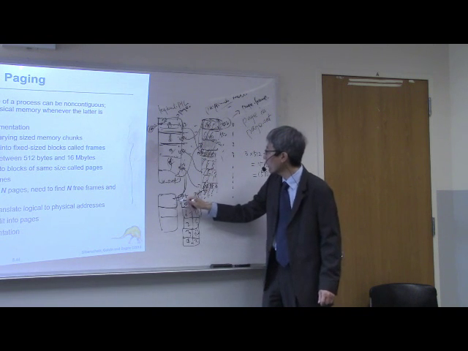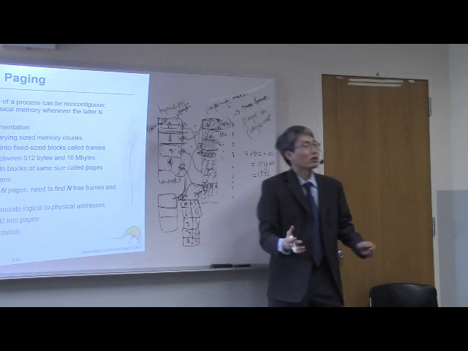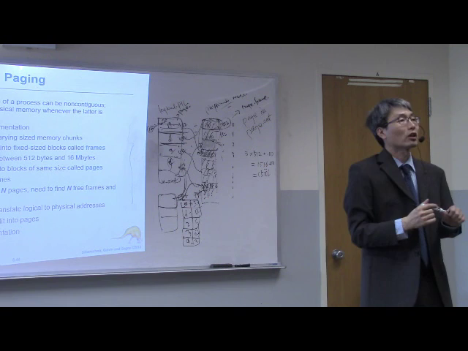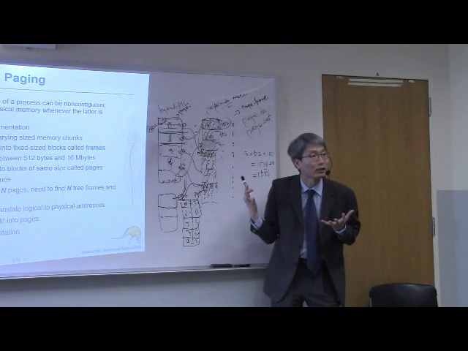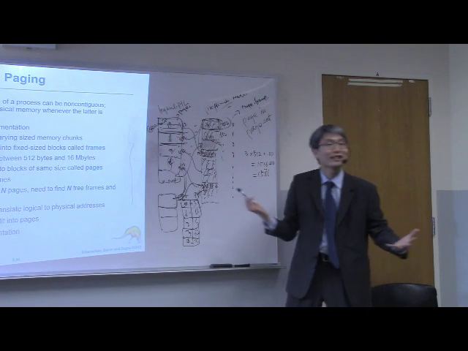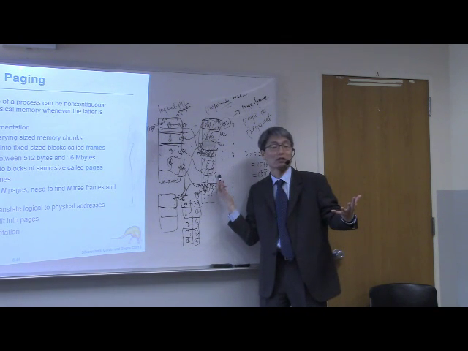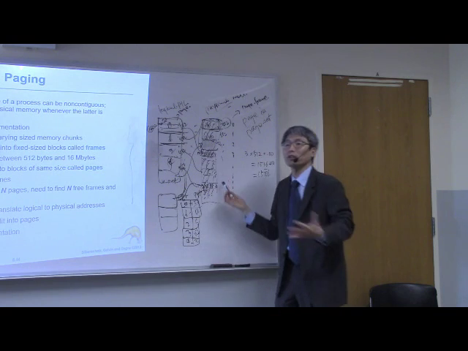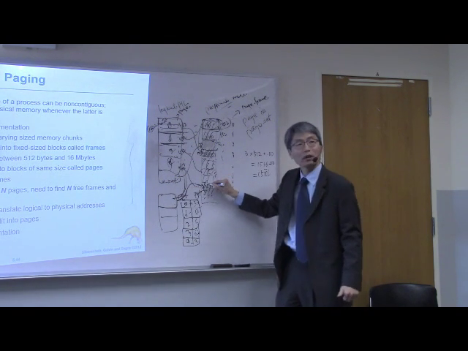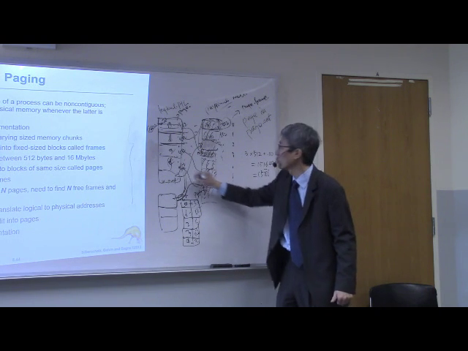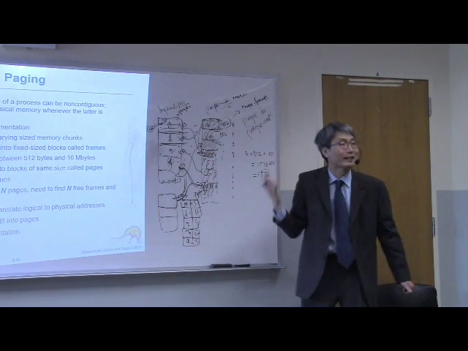If you can find such a dynamically linked page in the memory, you don't have to page in again. You can reuse it, right? It's kind of a cache. At that time you can read it. It's very fast. However, if you cannot find this one in the memory, you need to bring it in with a page in.